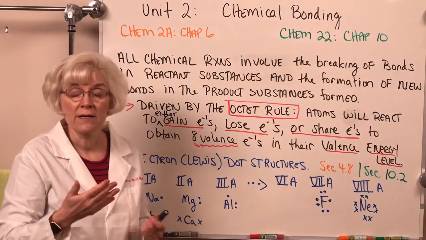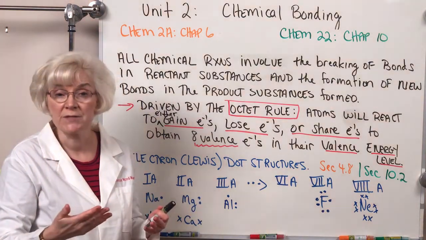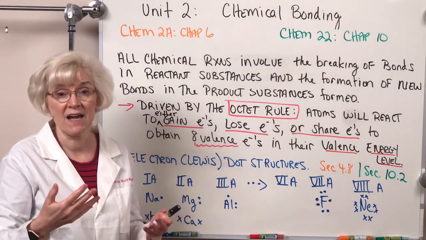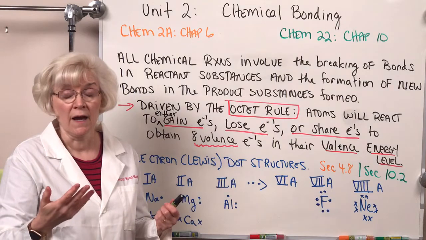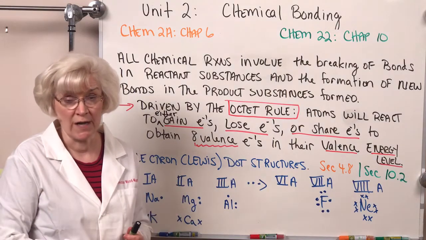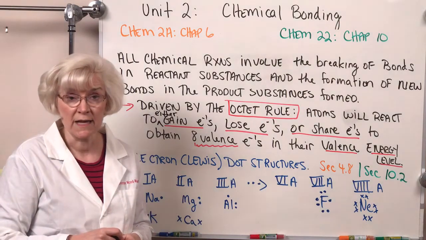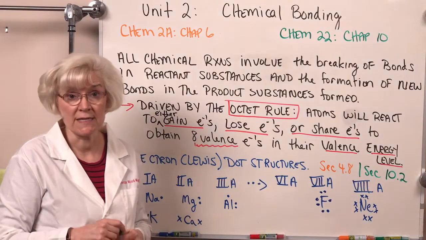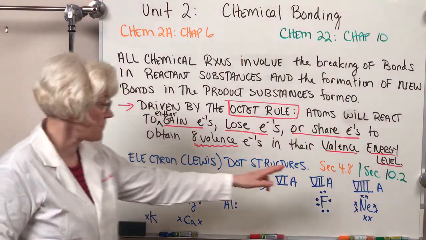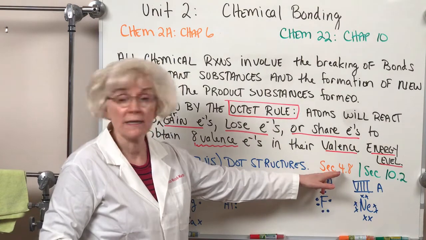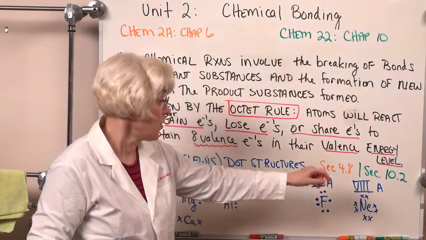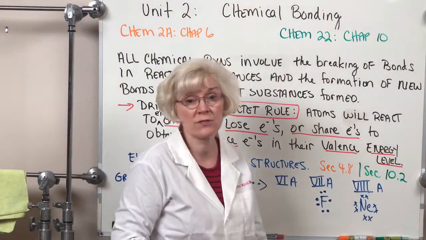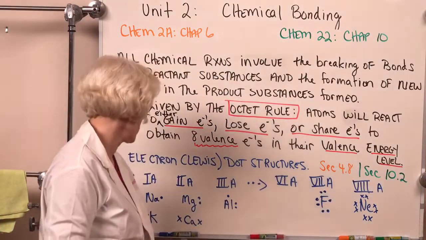Now, before we can go into a deeper understanding of bonding, we're going to have some notation, some symbols that can help us focus more clearly on it, because it's those valence electrons that we're most interested in studying. You can find this information either in Chem 2A, Chapter 4, Section 4.8, or Chem 22, Chapter 10, Section 10.2.